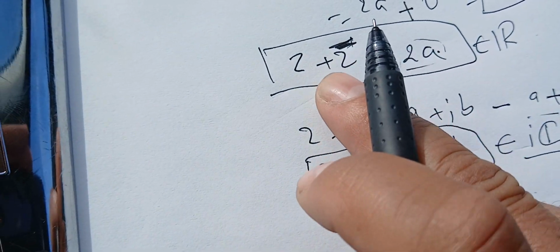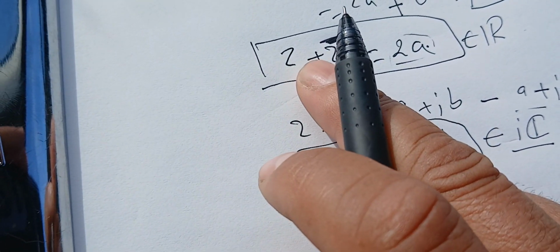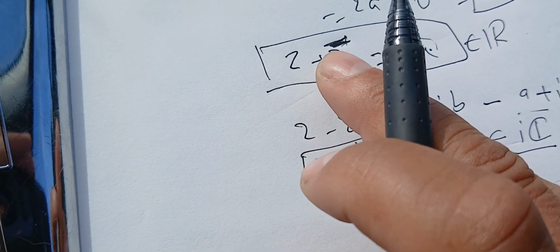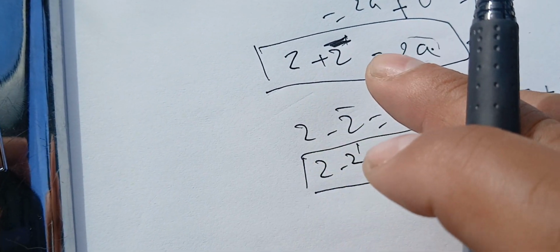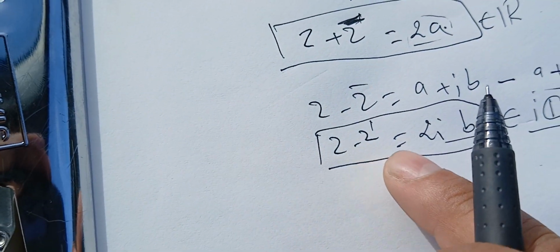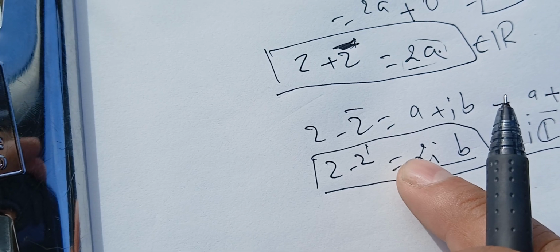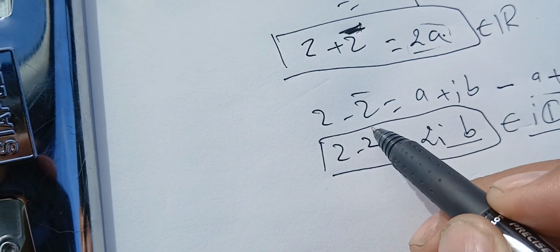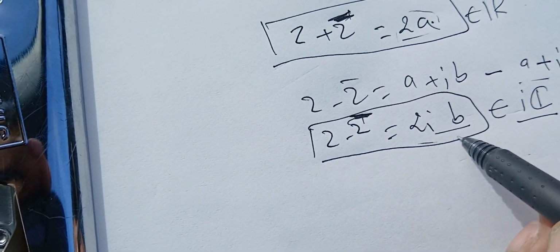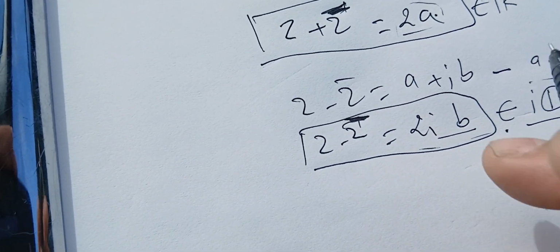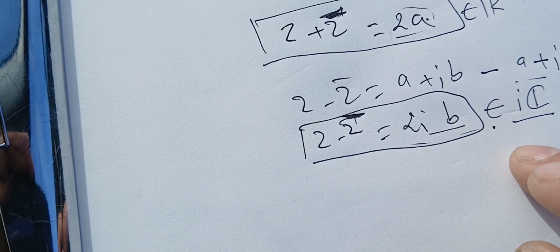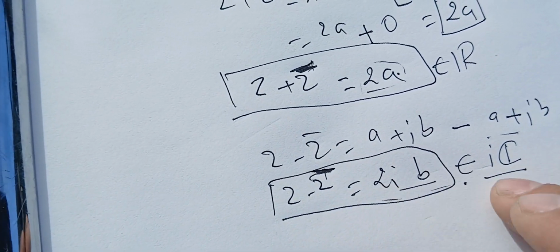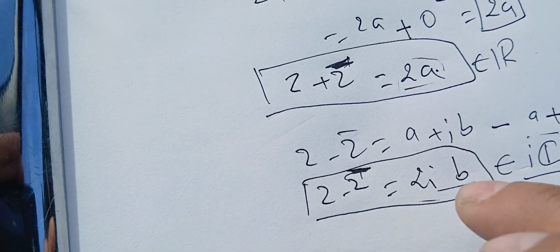Now we can prove that a complex number is real if and only if the sum of the number with its conjugate is real. We can say that a number is pure imaginary if the difference of the number and its conjugate is pure imaginary. So that's the result that we want to say. We will have to add more, but I think we have covered this one.